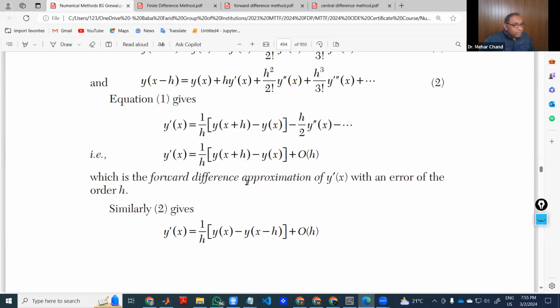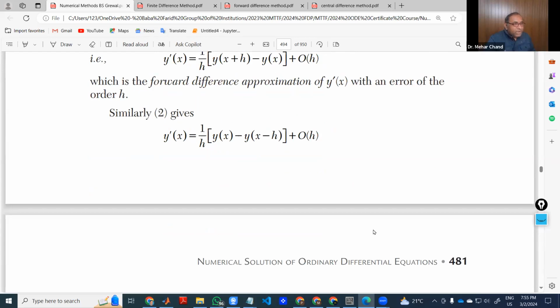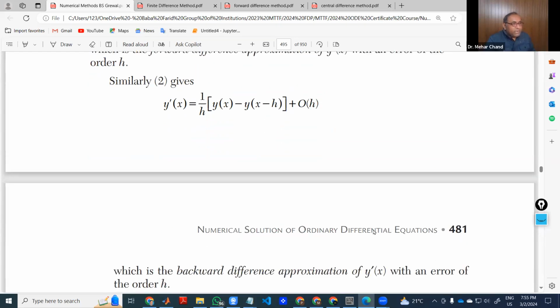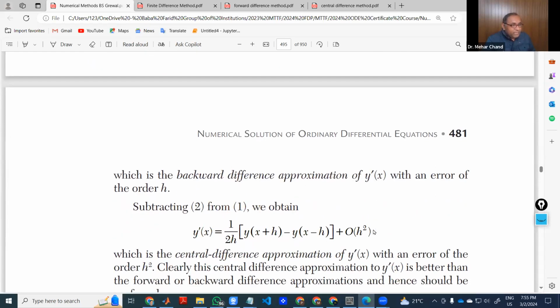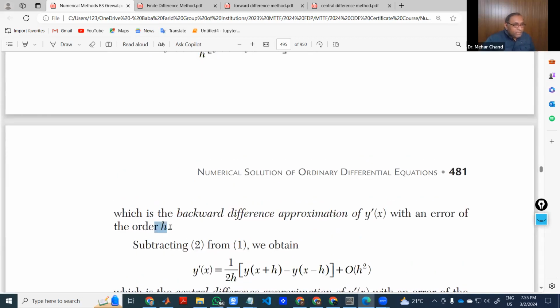This is the forward difference approximation. Similarly, from equation 2, y'(x) = 1/h [y(x) - y(x-h)] + O(h). The order of error for both equations is h.